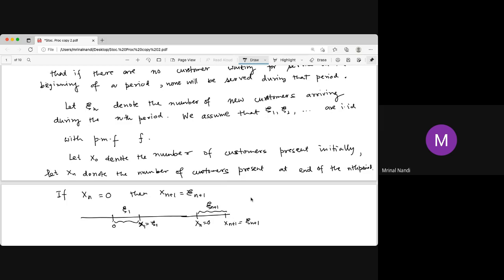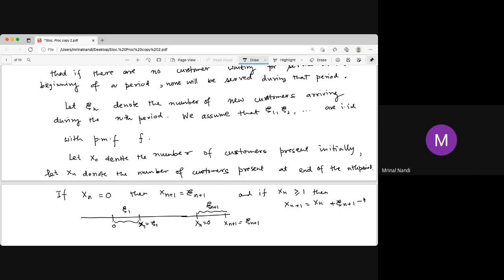And if xn is not 0, if xn is greater than or equal to 1, then clearly xn plus 1 is xn plus ξn plus 1 minus 1. So one person is served, so they check out.